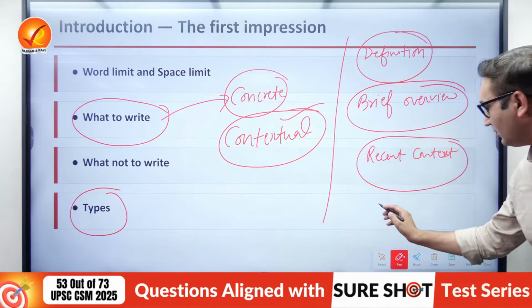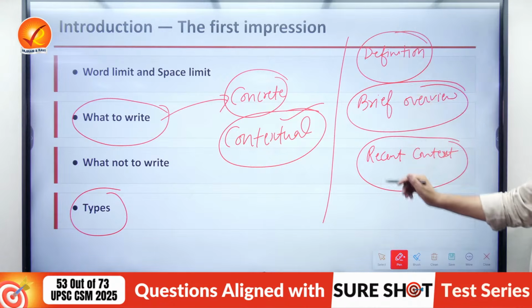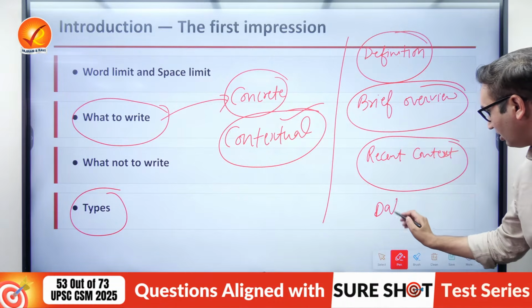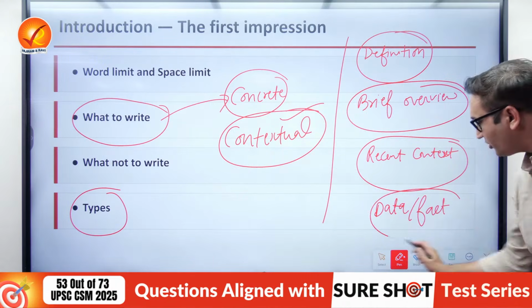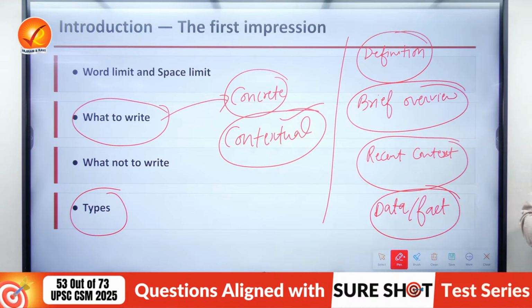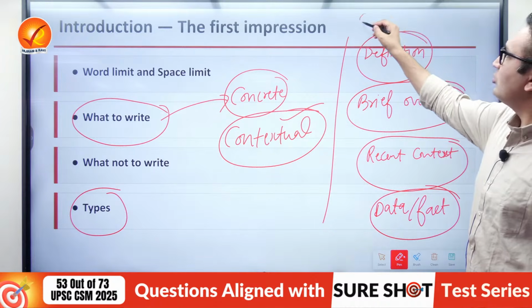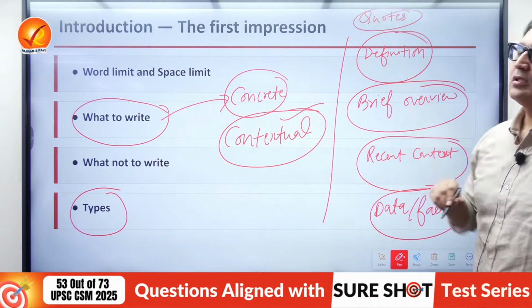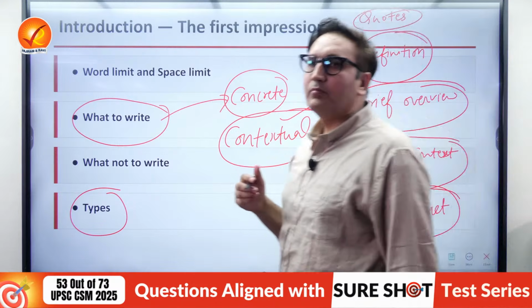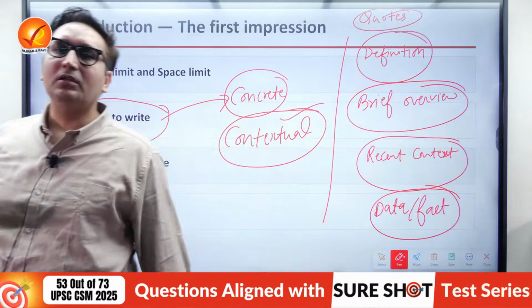Another is definition, brief overview, recent context, data, facts, or shall I call it statistical introduction. That is also popular. And sometimes you also see quotes by the PM, by any other personality, by Gandhi.